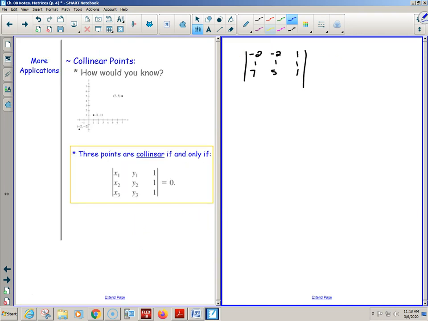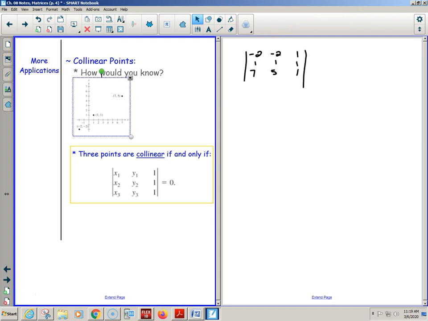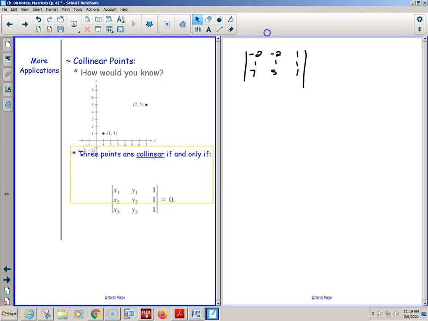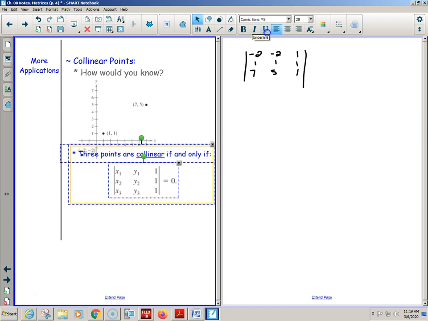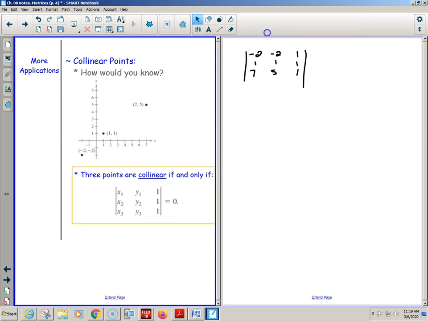How does area help us with collinear? I have a picture of 3 points. It's like I'm doing the area of a triangle thing, except, hold on. It's kind of like a triangle, except there's no 1/2 in front. Guys, if I was talking about area of a triangle, there would have been a plus or minus 1/2 here.